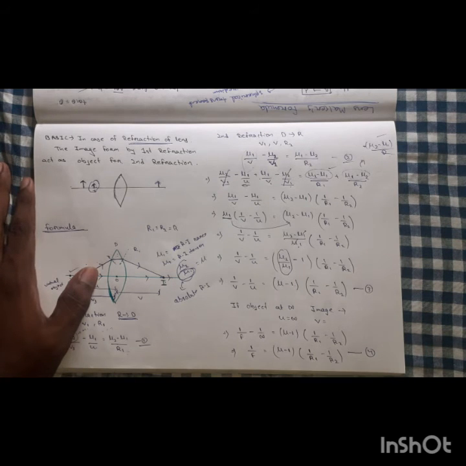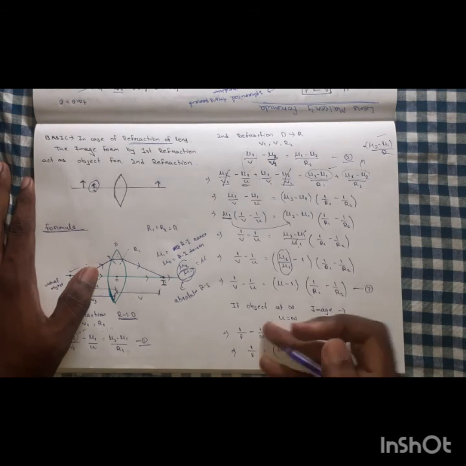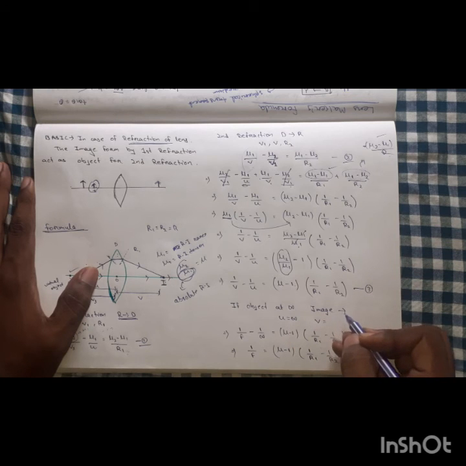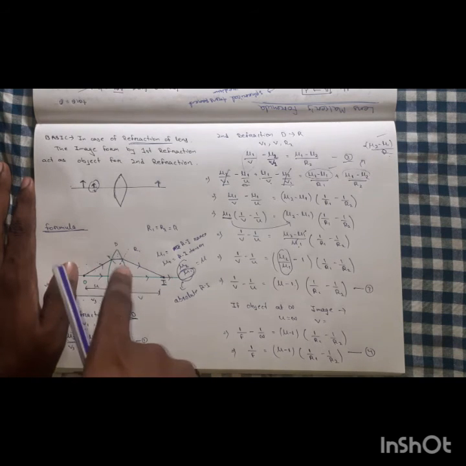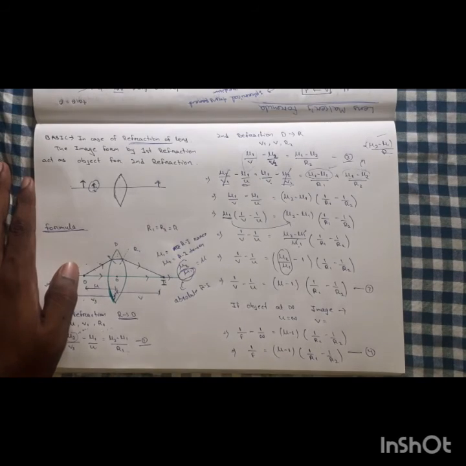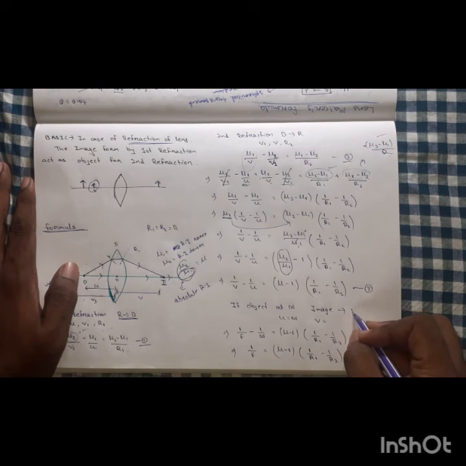Listen, if the object is at infinity, where will be the image? In the case of a convex lens, we studied that if the object is at infinity, image will be at the focus point.